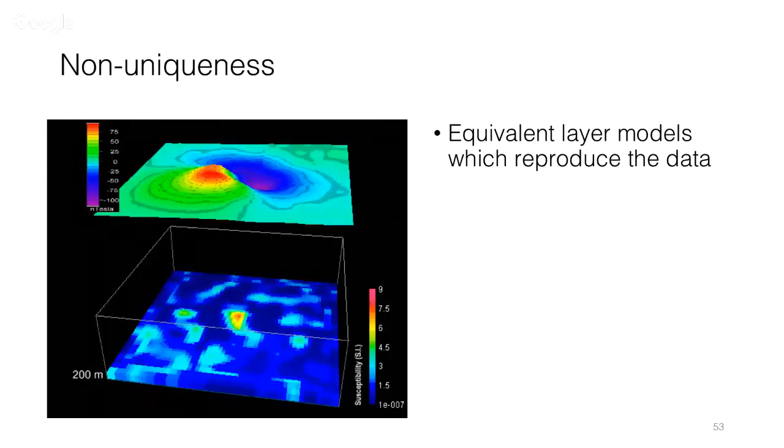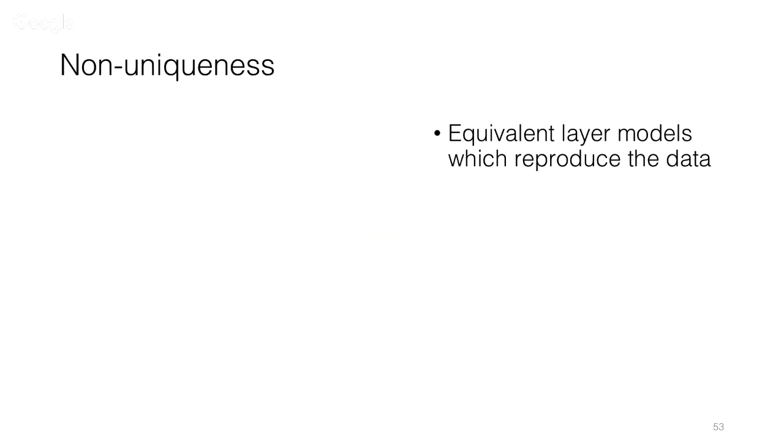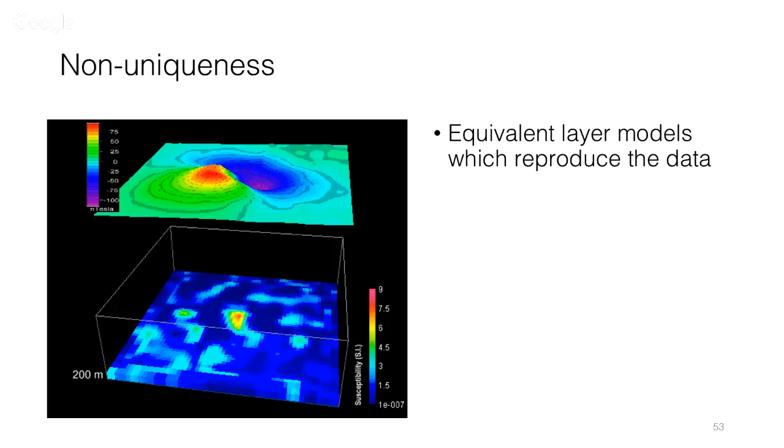just to illustrate that, here's a magnetic map, and now what we're doing is trying to find an equivalent layer that reproduces that data.